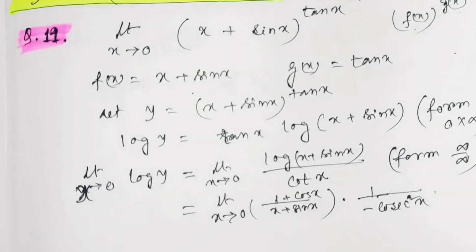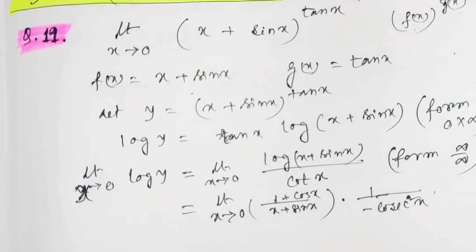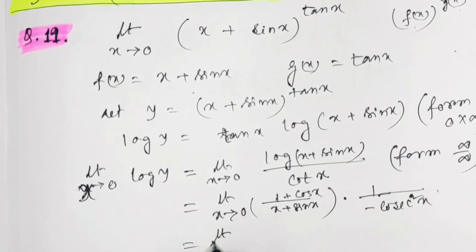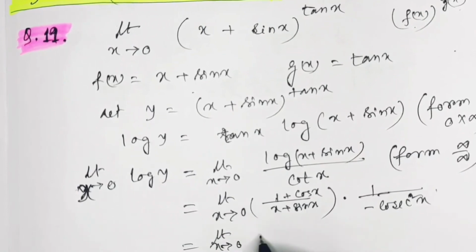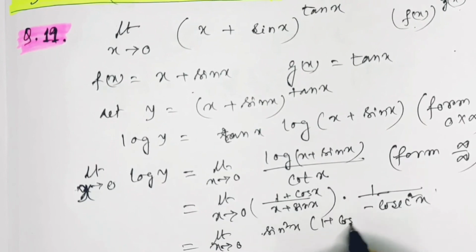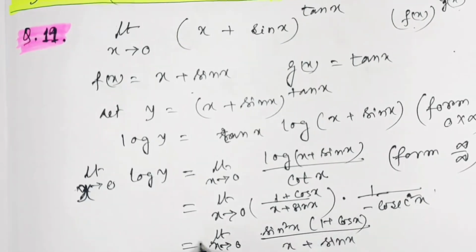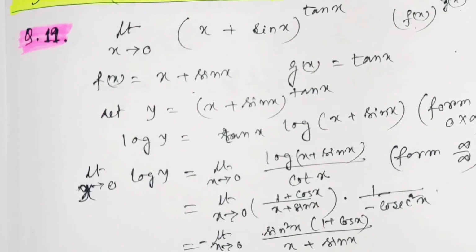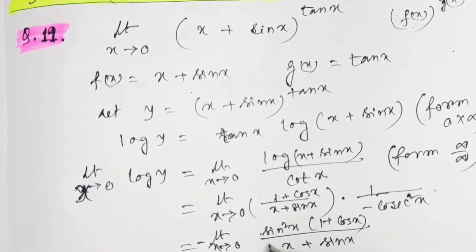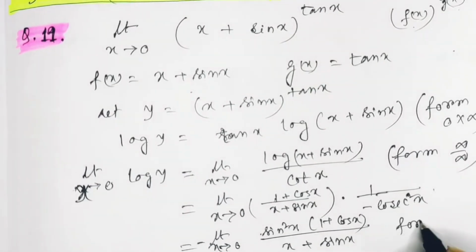If we simplify this, we shall find the limit x tends to 0. For simplification, we write sin square x, then 1 plus cos x, divided by x plus sin x, and this negative sign we write on the outside. If we substitute x tends to 0, we shall find it is the form 0 by 0.